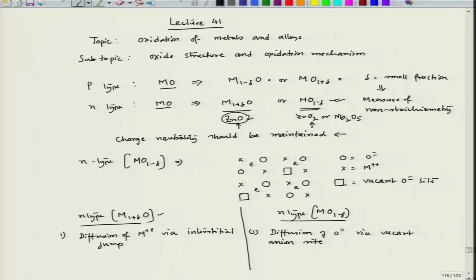So, this is the difference between the diffusion of species. Now, in this case the anodic reaction happens, which is M minus 2e equal to M2+.